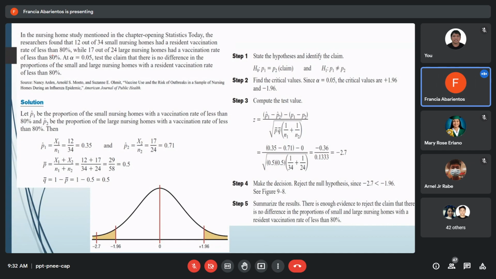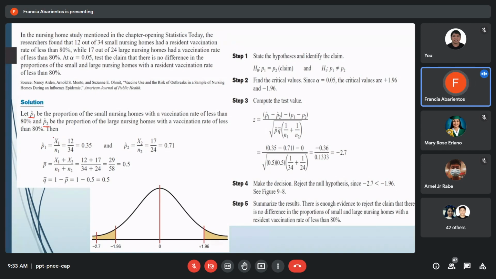So, given sa atin yung alpha, which is 0.05, we need to test the claim there is no difference in the proportion of small and large nursing homes with a resident vaccination rate of less than 80%. So, let p1 be the proportion of small nursing homes with a vaccination rate of less than 80%, while the second, we have the proportion of the large nursing homes with a vaccination rate of less than 80%.